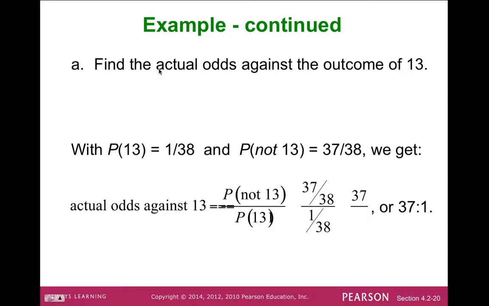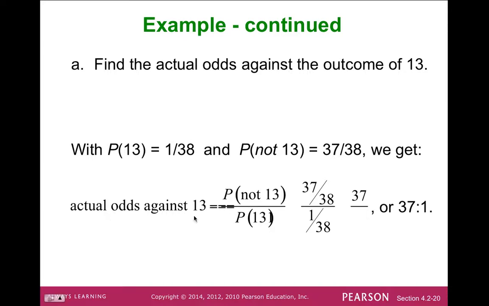Here, first in part A, we're going to find the actual odds against the outcome of 13. With the probability of 13 equaling 1 over 38, and the probability of not 13 being 37 over 38, because that's how many other options there are. If there are 38 total options and one of those options is 13, then it follows that 37 of those options are not 13.